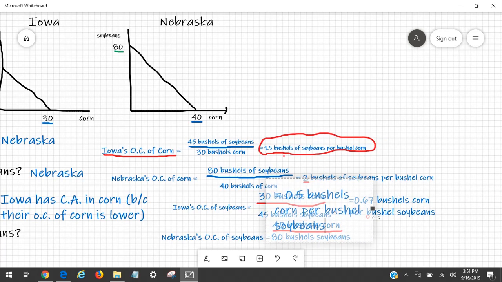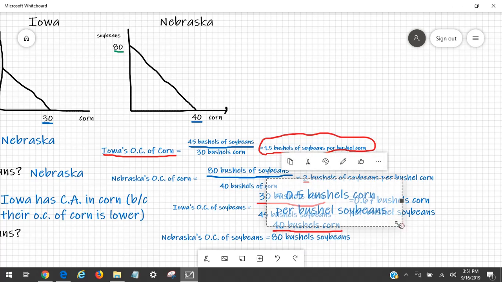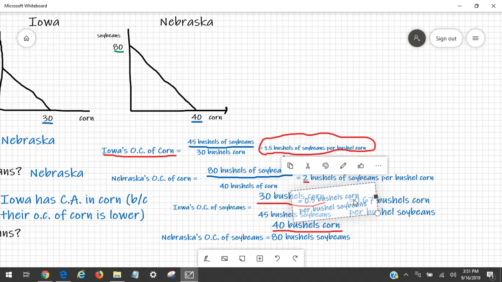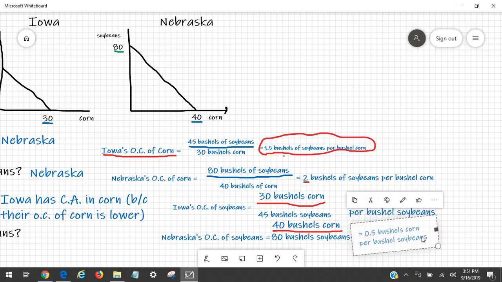So that's my opportunity cost for Nebraska of making soybeans.